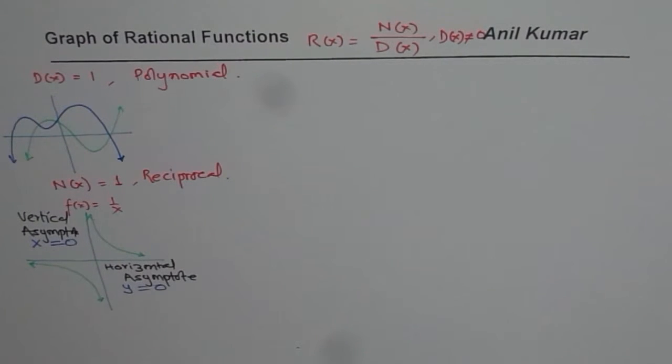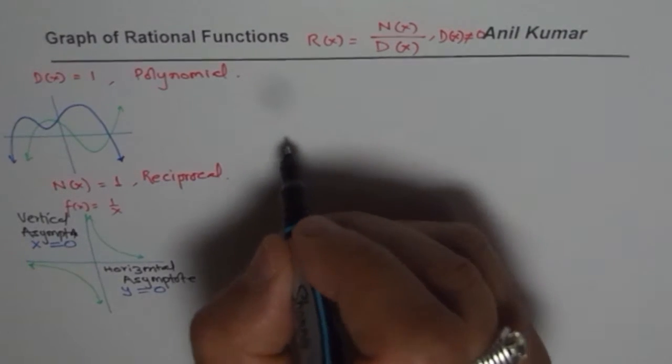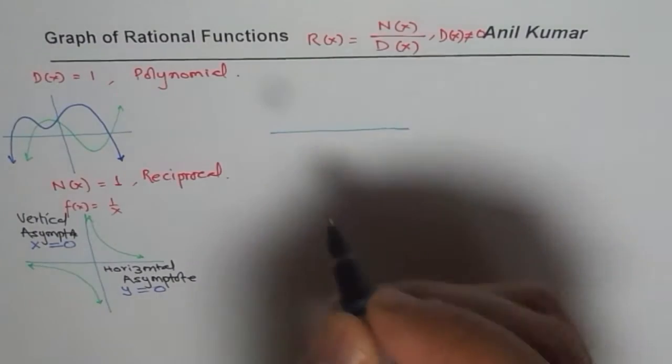Here x is trying to approach 0, and that is the equation for the vertical asymptote. I've also seen this kind of mistake happening: they just interchange x and y, right? The x-axis equation is y equals 0. Please do remember that.